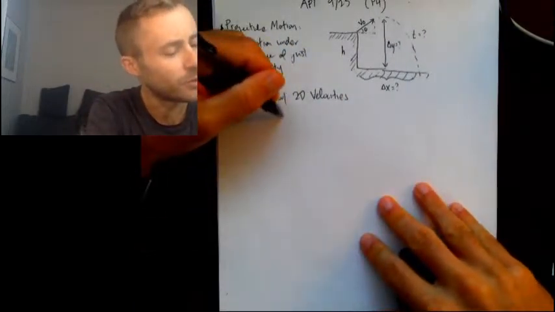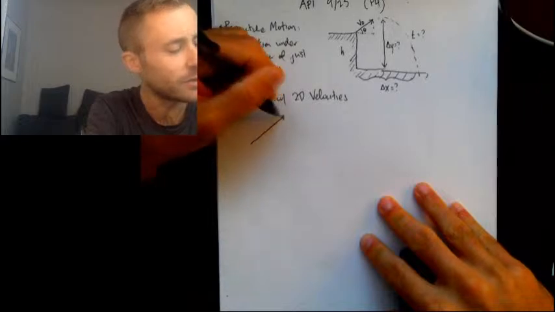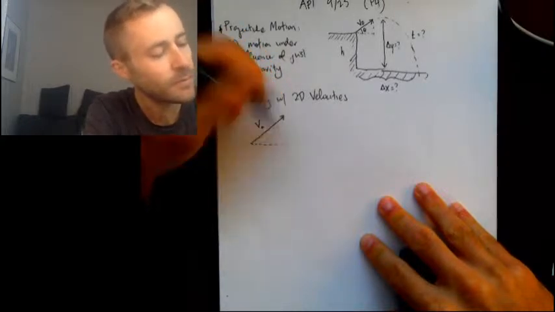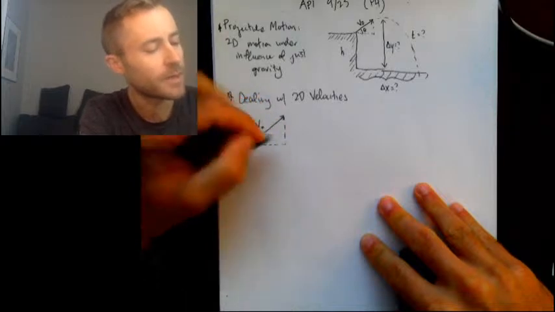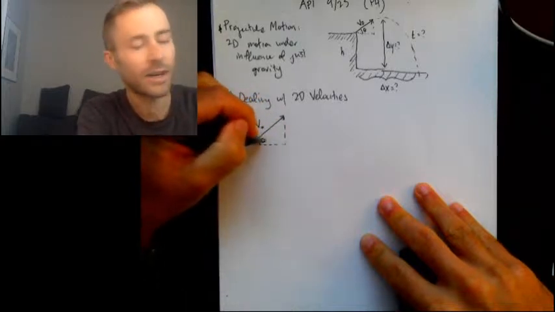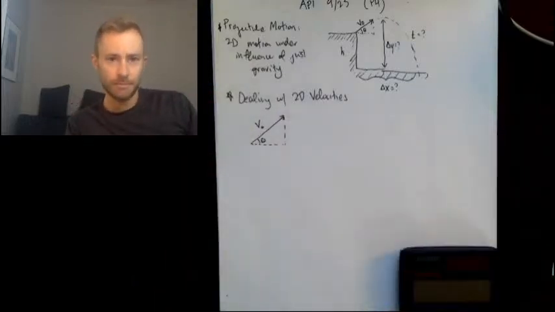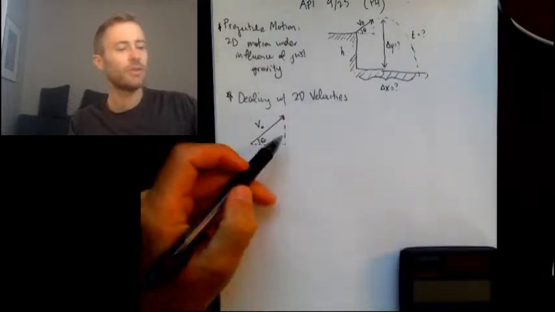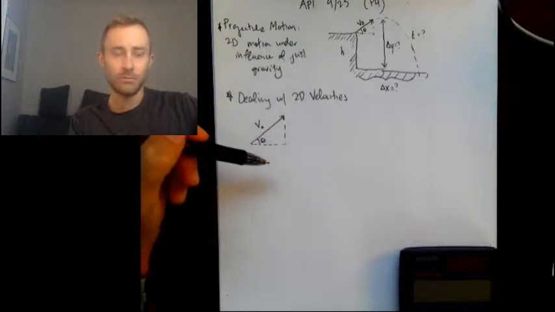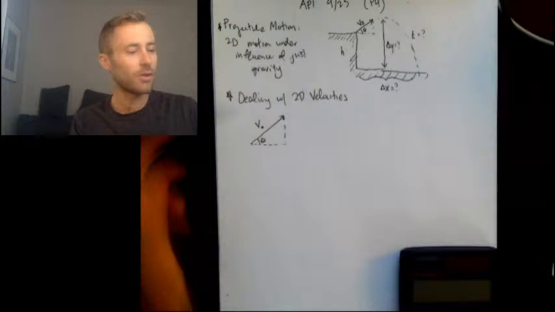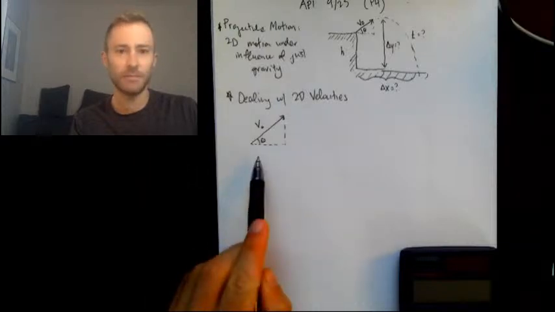So suppose we have an initial launch speed of v0, okay, and the projectile is launched at an angle of theta. Well, when you launch something at an angle, part of the motion is up and down, and part of the motion is side to side.